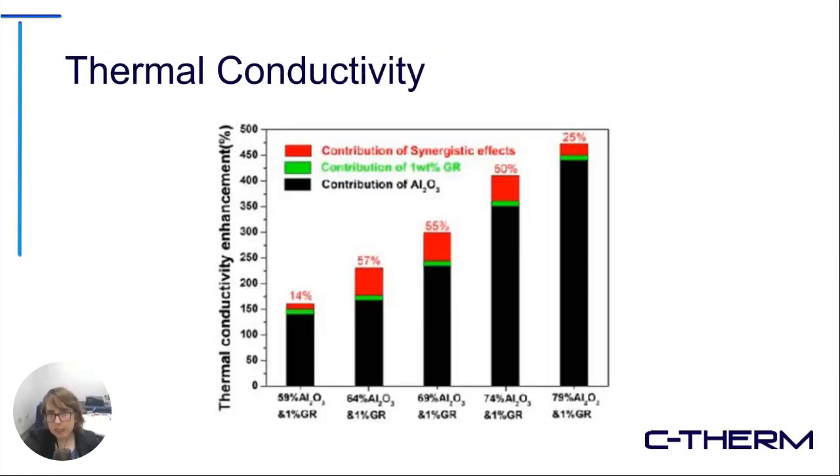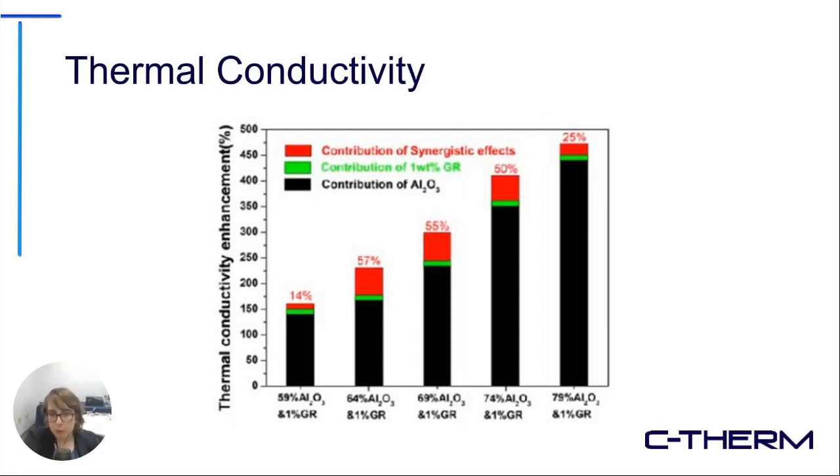This compares, if you're mixing graphene with alumina as fillers, how they perform compared to a single filler material. You can see the red part of the bars on this chart is basically the extra performance.